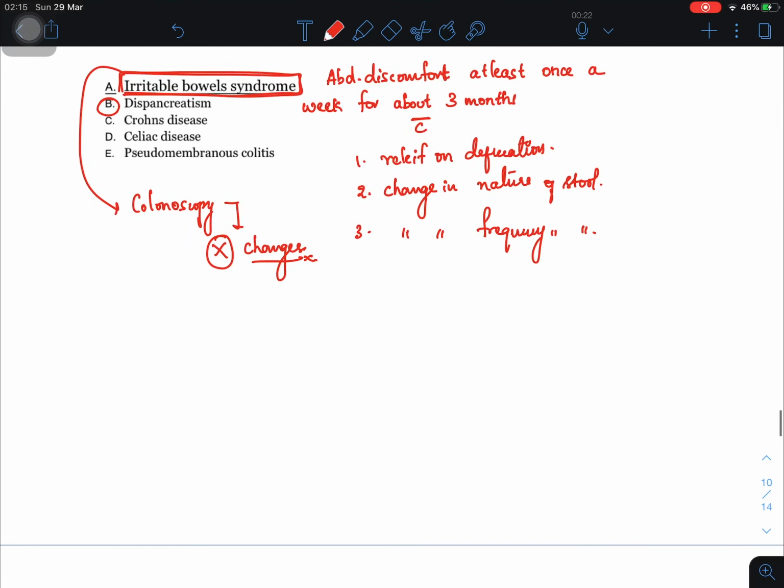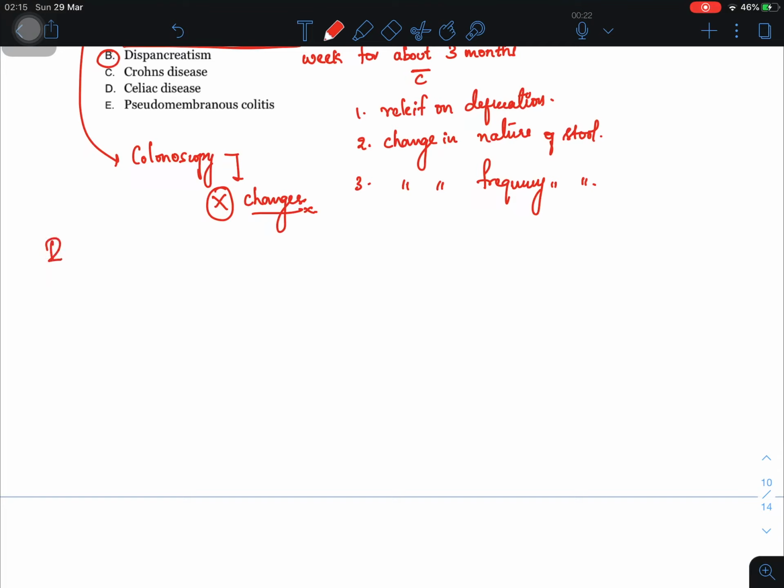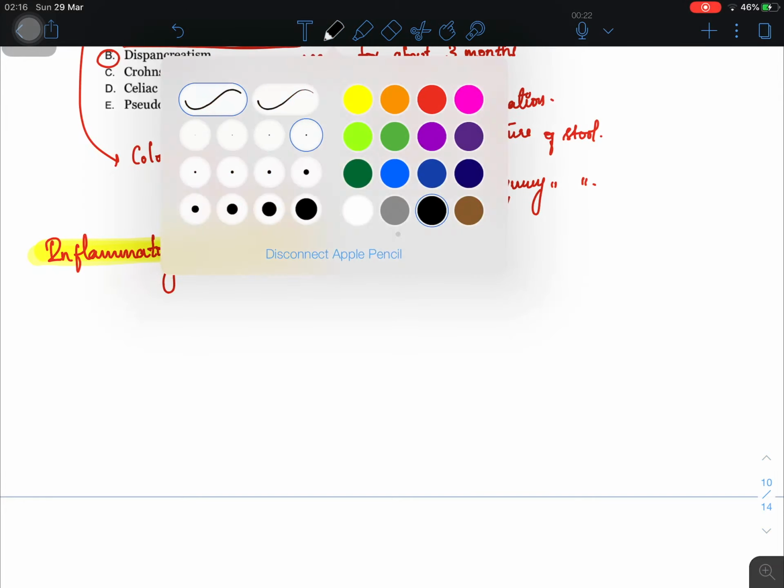that the exact opposite of irritable bowel syndrome is inflammatory bowel disease.